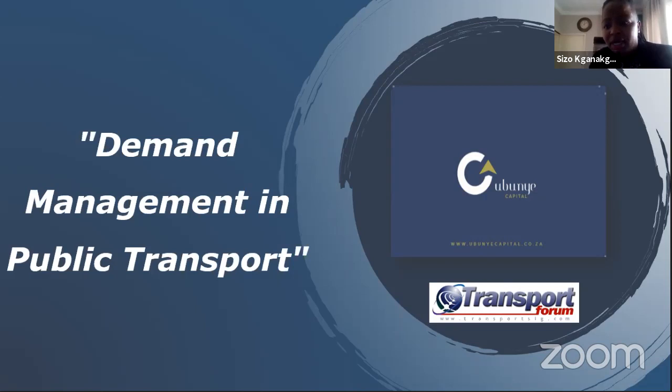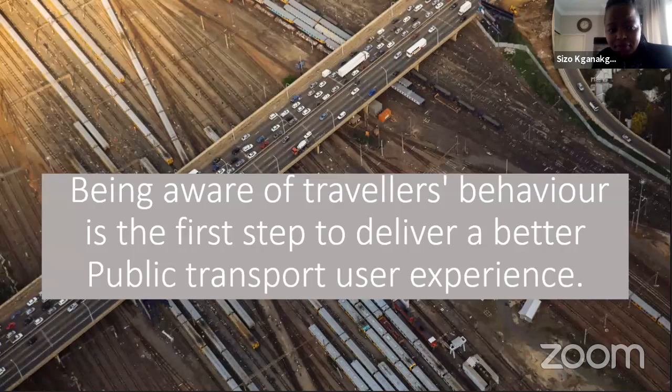I quite enjoyed Dr. Mateta's presentation because it spoke quite closely to what I was going to present, in the sense that the view should be holistic in terms of how we do demand management, because the customer's perspective or the commuter's perspective is just as important in how we are planning to meet this demand in public transport.